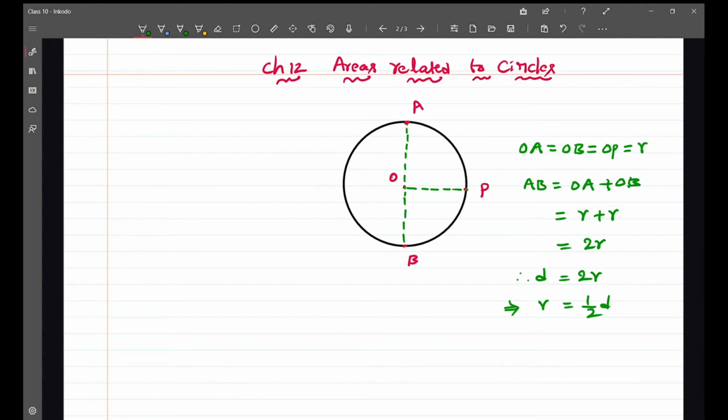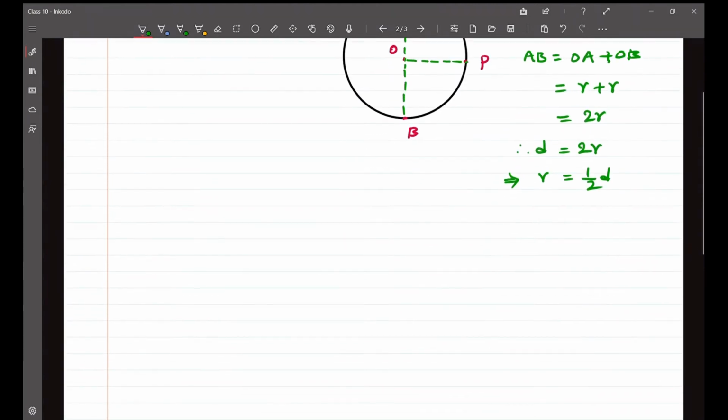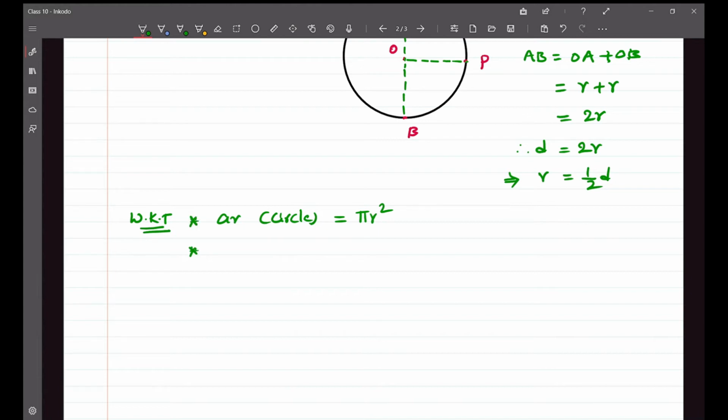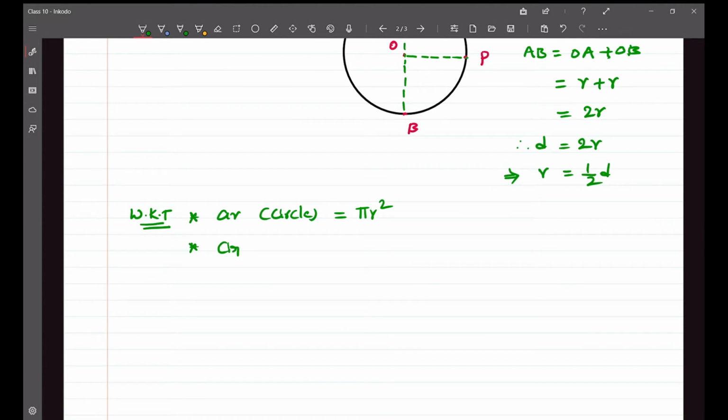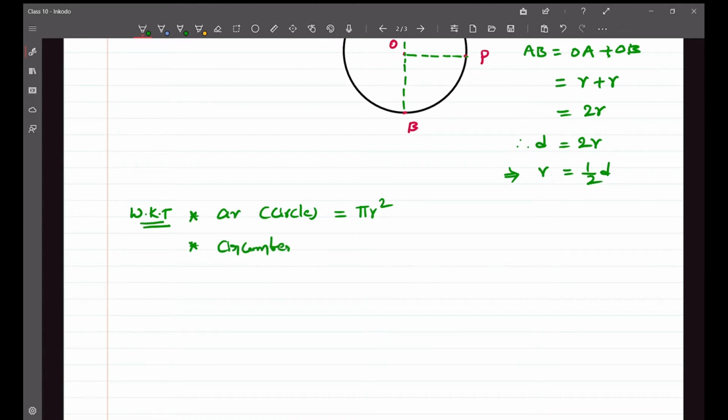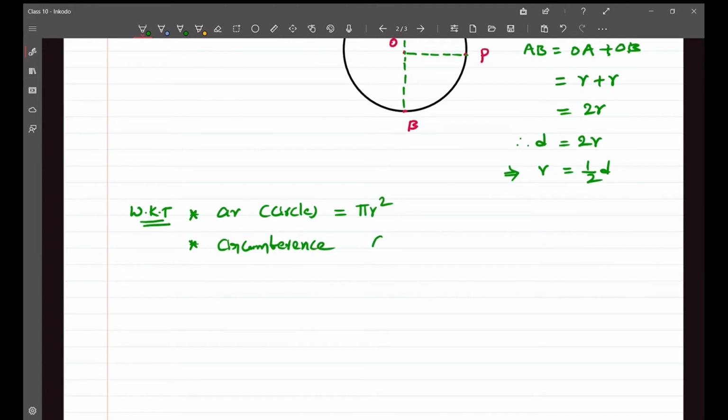Okay, next we will see area of circle. We know that area of circle equals to pi r square, r nothing but radius, circumference of a circle is equal to 2 pi r.